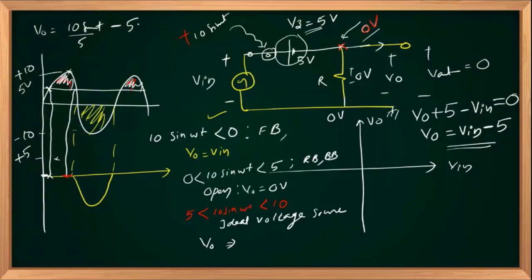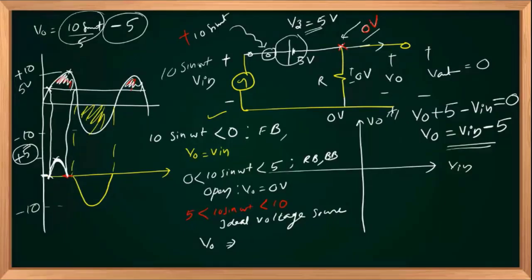If you are subtracting or adding a DC value to a sinusoidal voltage, the shape of that voltage won't change. So it preserves the sinusoidal shape, and the positive peak is plus 5. The negative peak is minus 10 for a 10 sin omega t, right?